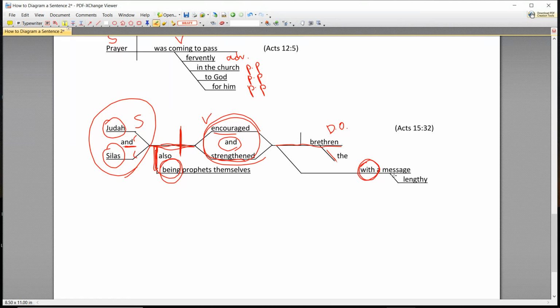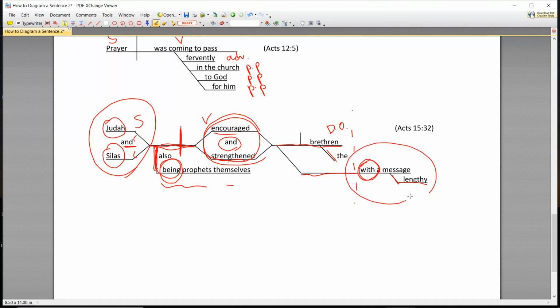So, and lengthy message. But the reason why I made this line very long, after this point, is that when you read this verse in the Bible, this is the order in which these different elements of the sentence appear, right? Judas and Silas also being prophets themselves, encouraged and strengthened the brethren with a lengthy message.